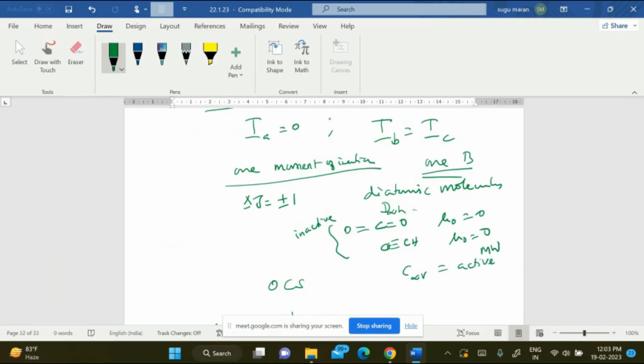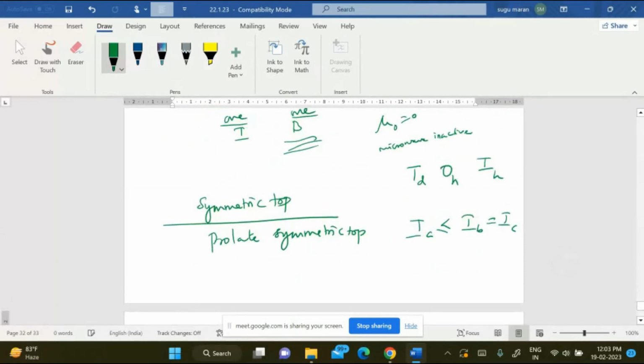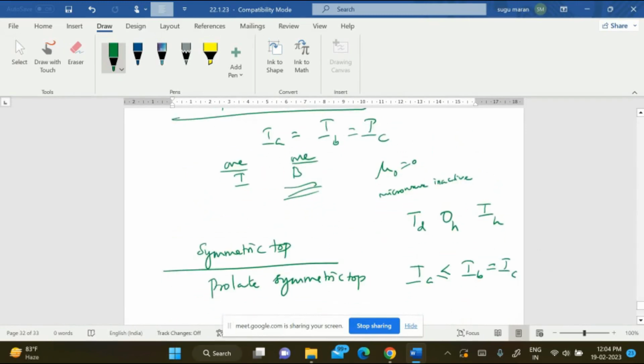The Td point groups, the special case molecules, are microwave inactive. But even if IB and IC are equal, if they have a permanent dipole moment, they behave as a simple diatomic molecule because they will have only one I value.